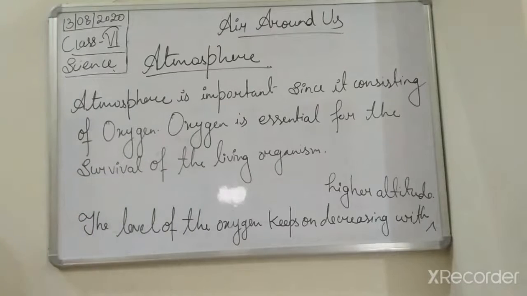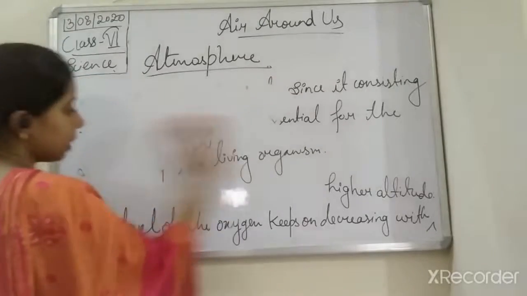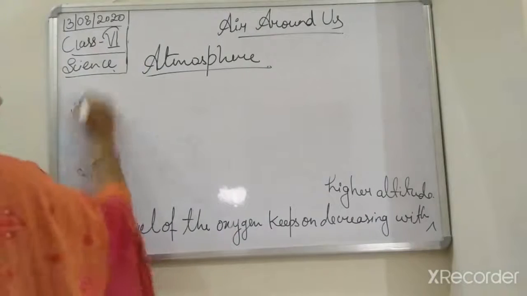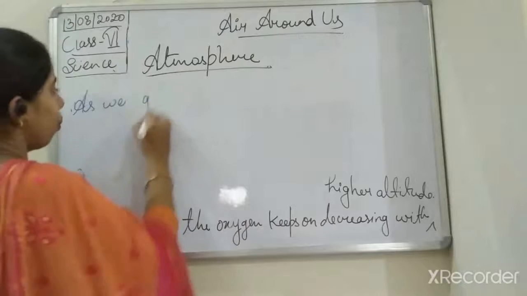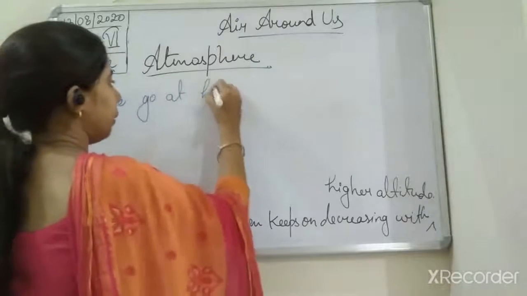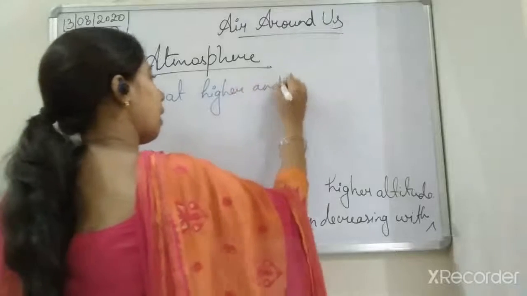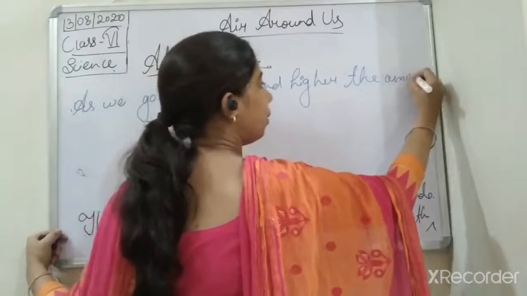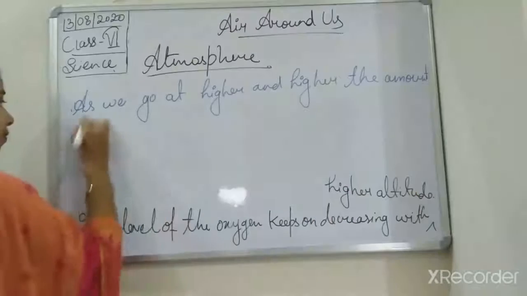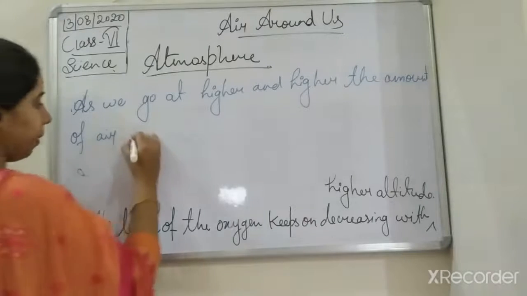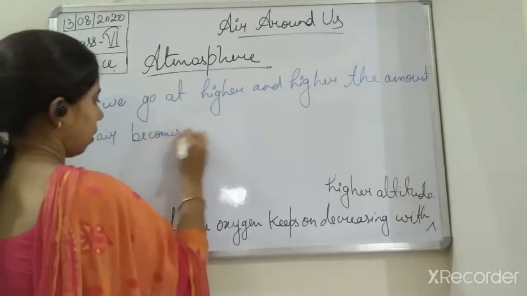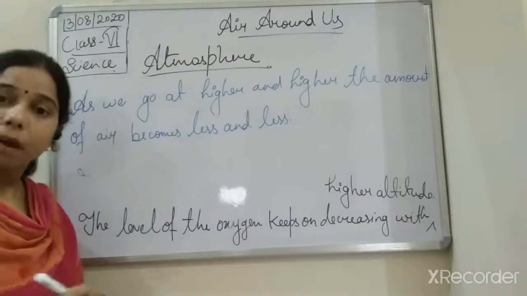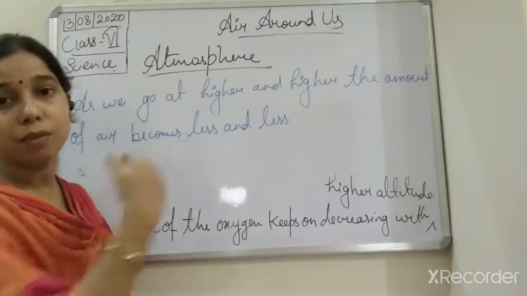So we can write it: as we go higher and higher, the amount of air becomes less and less. So the amount of air becomes less and less as we move to a higher altitude.